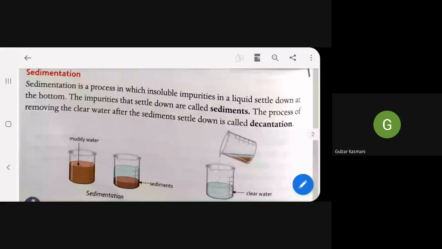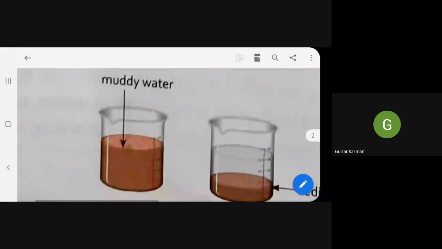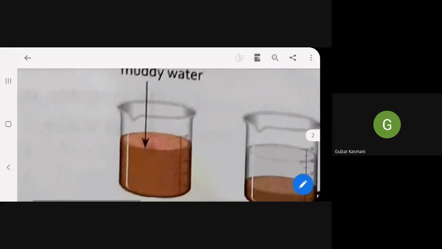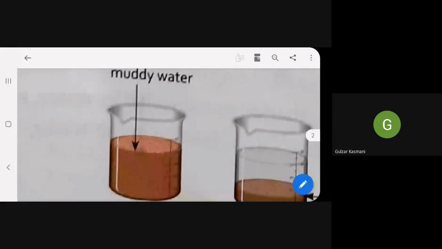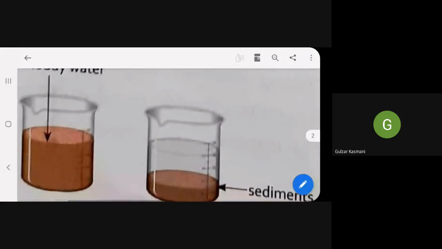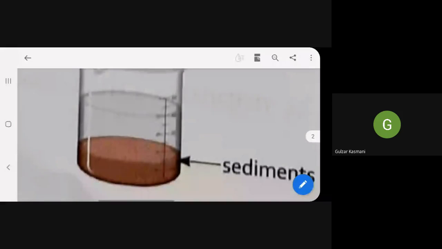Now can you see here two jars are here? See, in one of the jars, the beaker, muddy water is here. Now, if we are not disturbing this water, means if we are not moving this beaker, then all the dust particles or all the impurities settle down at the bottom of the beaker.